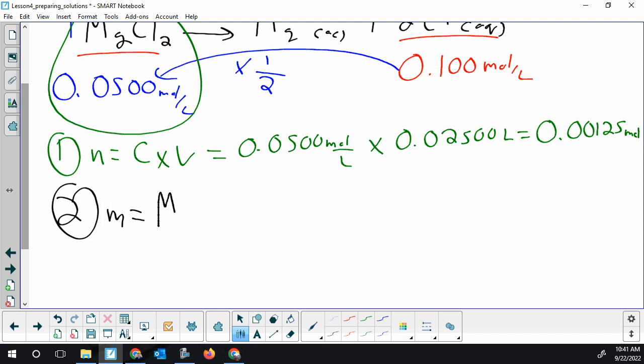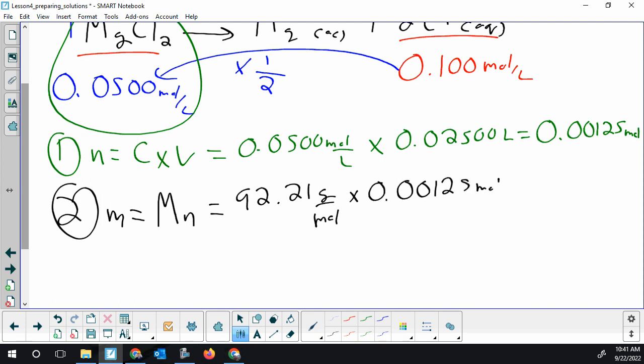So we almost have the mass. The molar mass of our magnesium chloride, 95.21 for 1 magnesium and 2 chlorides, times our desired moles, will tell us what we need to weigh out.